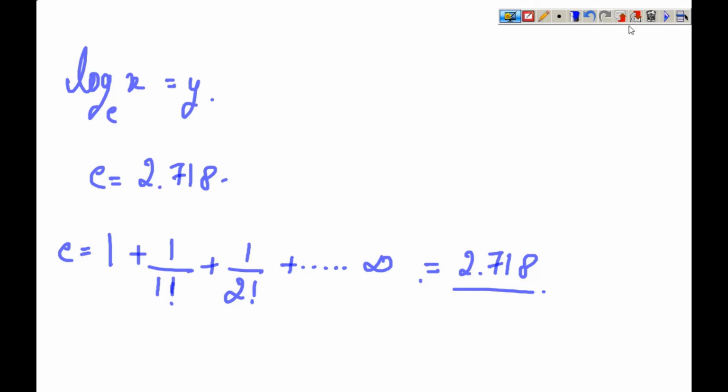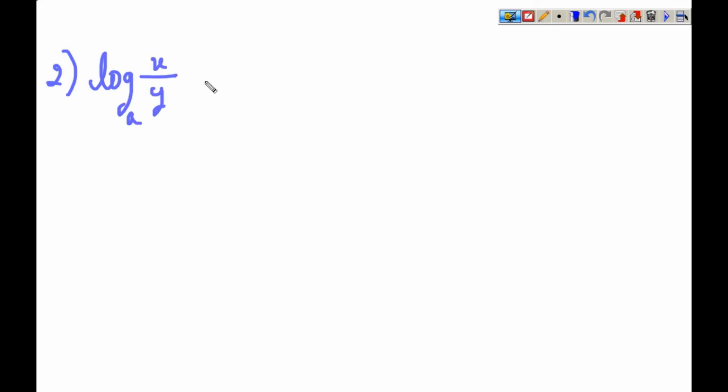So coming back to the properties, we did log of pq. Now the second property is log of x divided by y to the base a, which is equal to log of x minus log of y, and the bases have to be common.